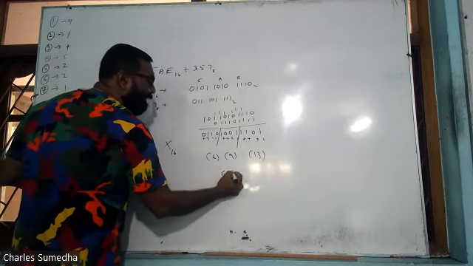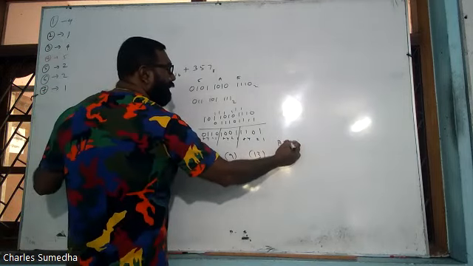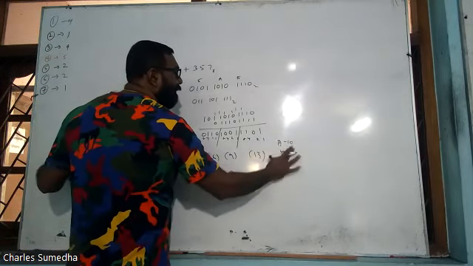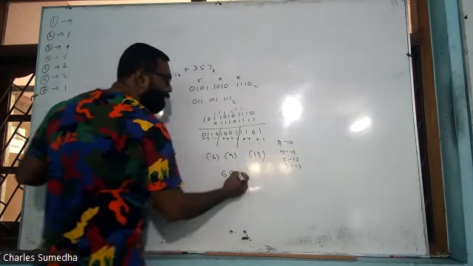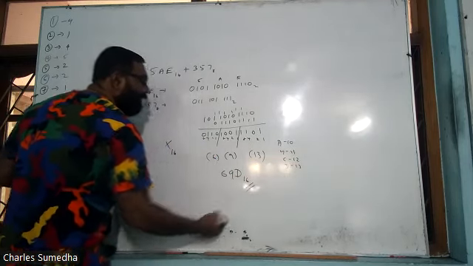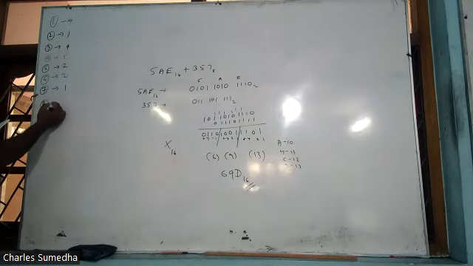So I'm taking 6, 9, 13. A is 10, B is 11, C is 12, D is 13. That will be D, in base 16. So this will be the answer. The answer will be the second one.